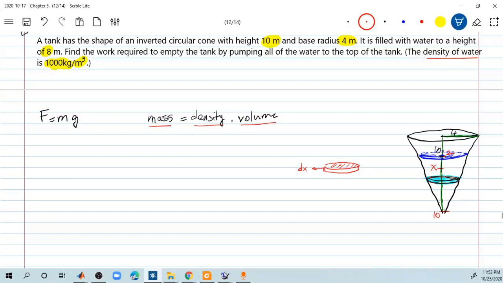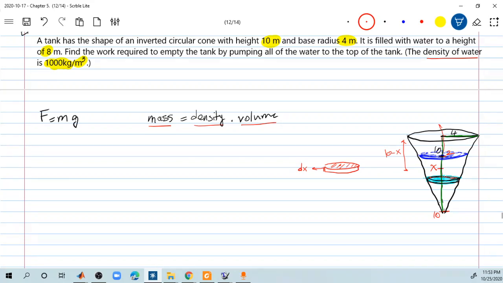If you pull the water all the way up to the top, you start from 8 and go up 2 units, from 5 go up 5 units, and so on. So from x, you need to move this up 10 minus x units.